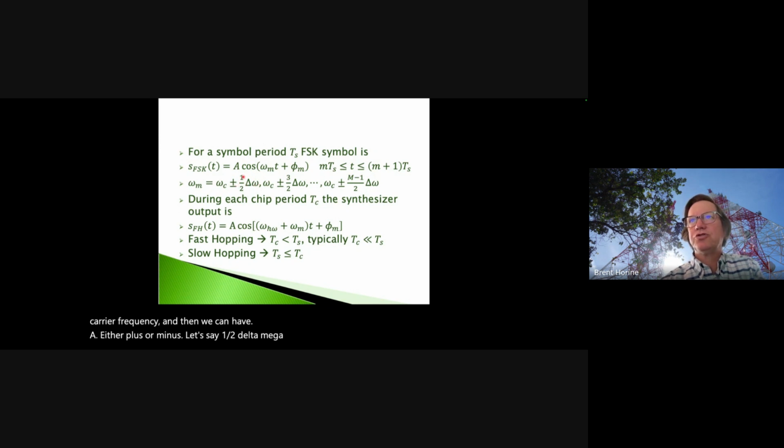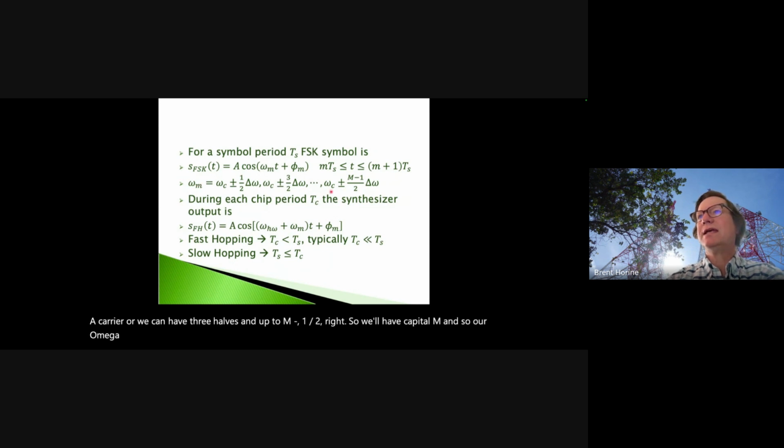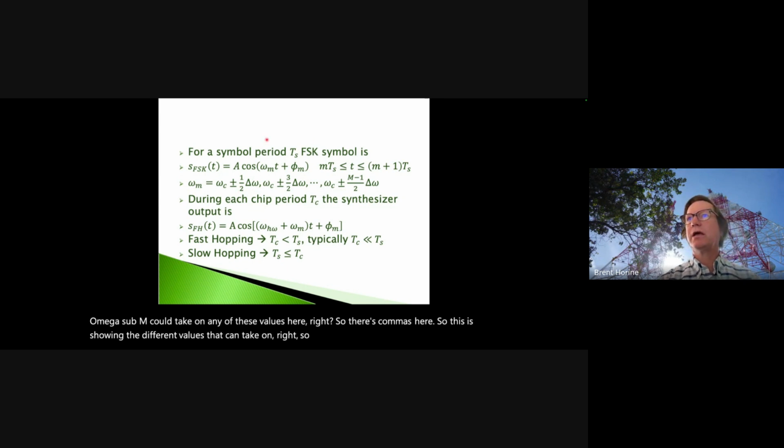So we're switching on either side of this carrier, or we can have 3/2, and up to M minus 1 divided by 2, right? So we'll have capital M, and so our omega sub m could take on any of these values here, right? So there's commas here, so this is showing the different values it can take on, right? So that's just generic FSK modulation.